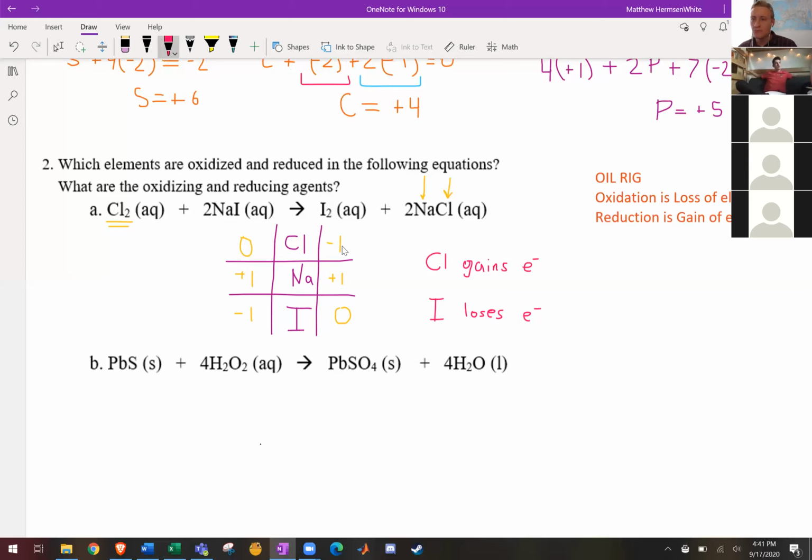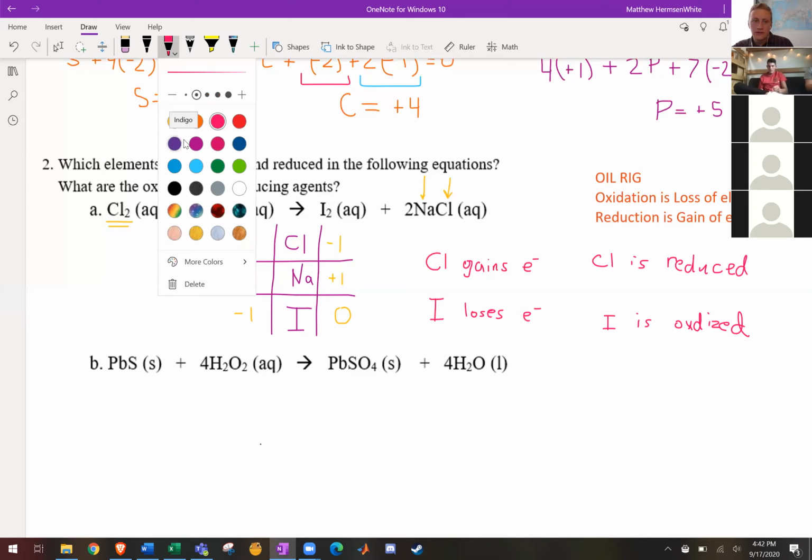I don't know who came up with this naming convention where an electron is a negative, but we're stuck with it. So chlorine gains electrons. That means chlorine is reduced. And then iodine, on the other hand, loses electrons, iodine is oxidized. So that's what you would write for the answer.